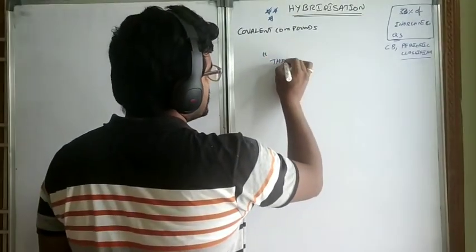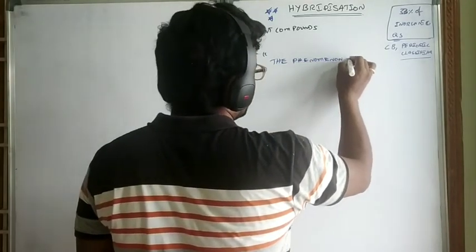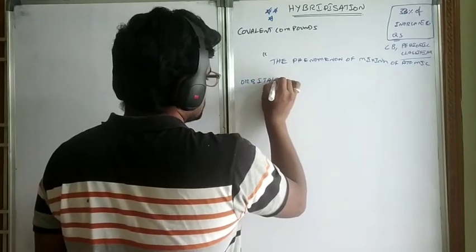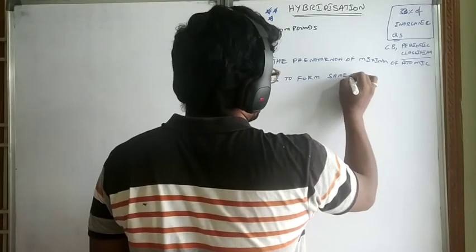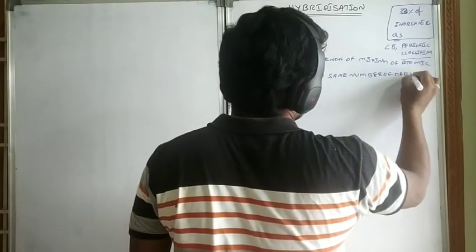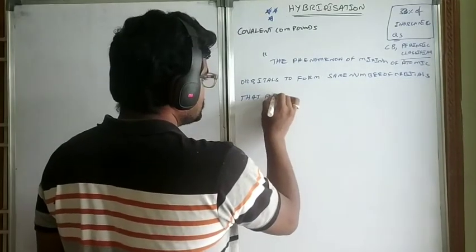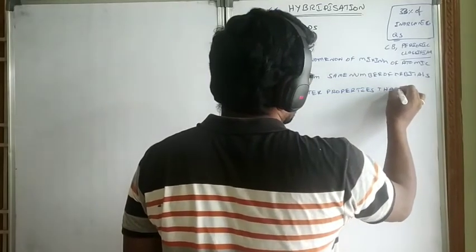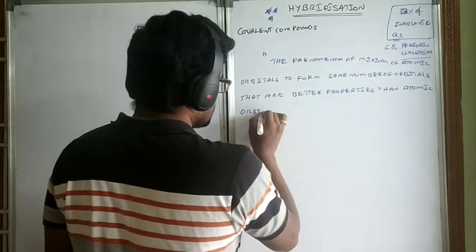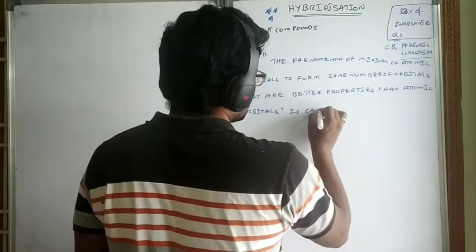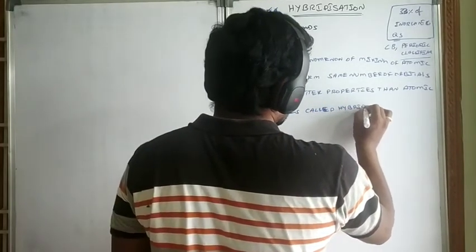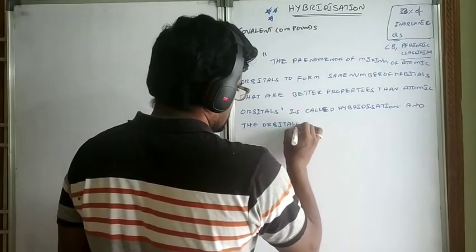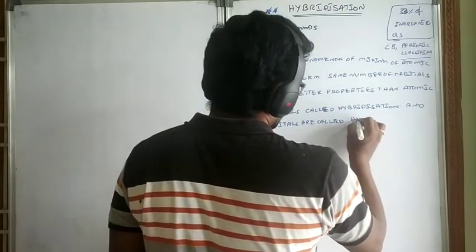Let us see the phenomenon of mixing of atomic orbitals to form the same number of orbitals that have better properties than atomic orbitals is called hybridization, and the orbitals are called hybrid orbitals.